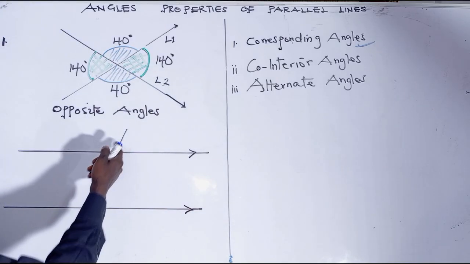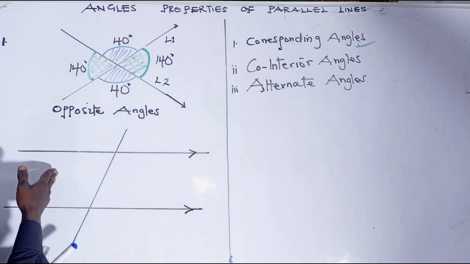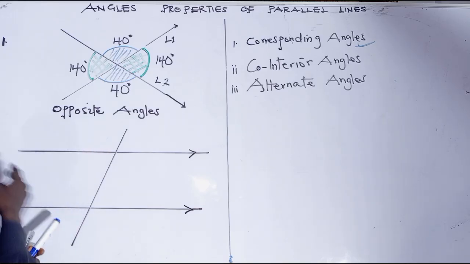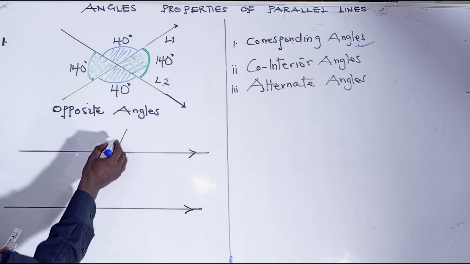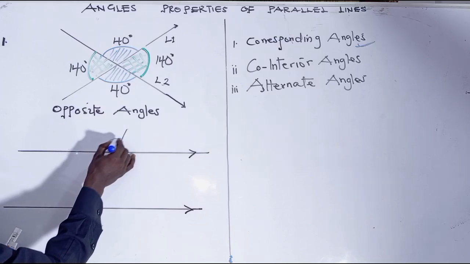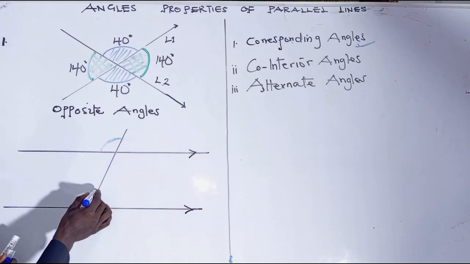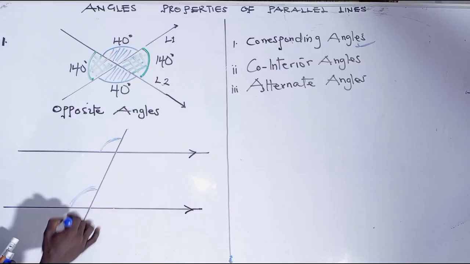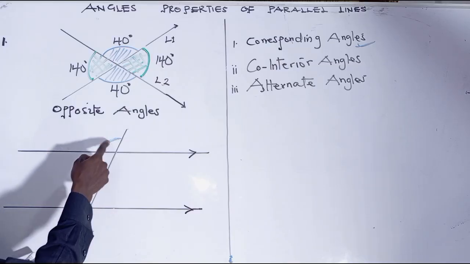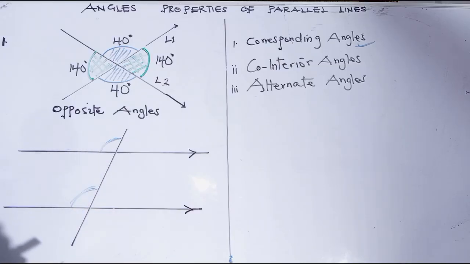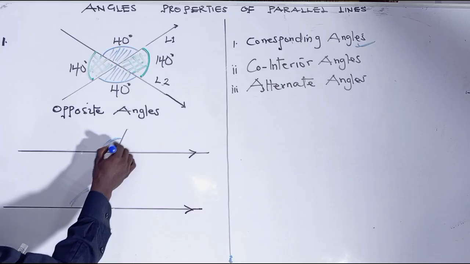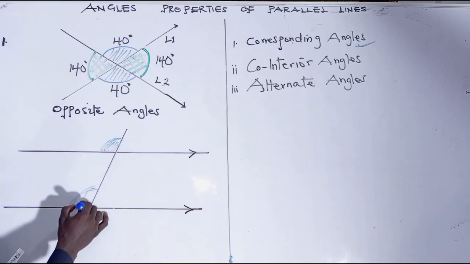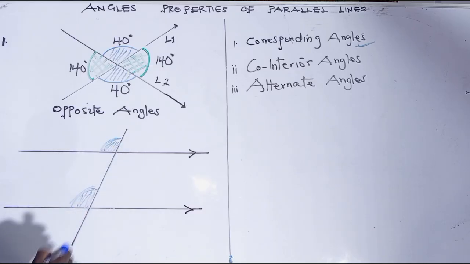On the left hand side of the transversal line, the angle on top here corresponds to the angle on top of the second parallel line. So we call these two angles corresponding angles. If this angle is, let's say, 20 degrees, then definitely this angle will also be what? 20 degrees. We call them corresponding angles.